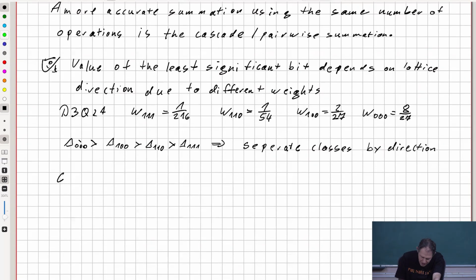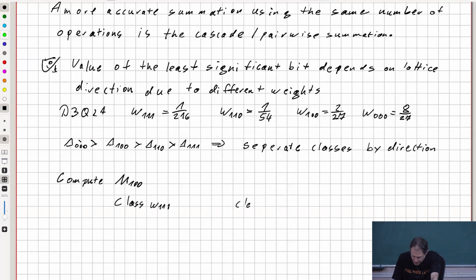Now let's see how we would compute M10 with the same number of operations but more accurately. Say we'll look at the classes of all the populations that come with W111.